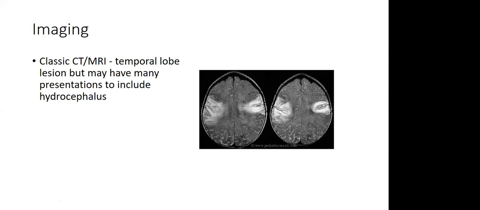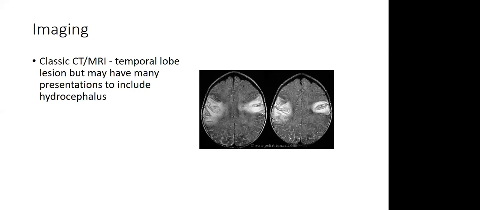Besides imaging, you can also do EEG. You can get PLEDs, periodic lateralized epileptiform discharges. Remember, it's not specific, but it's quite sensitive for herpes. It's good because the problem is herpes PCR negative doesn't rule out herpes.